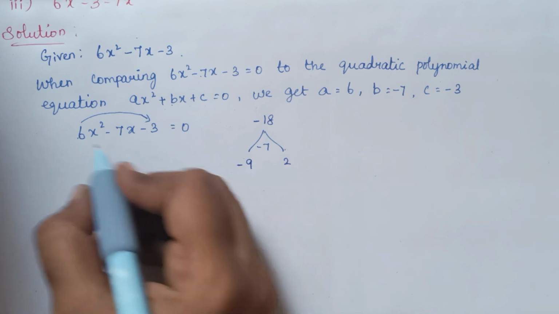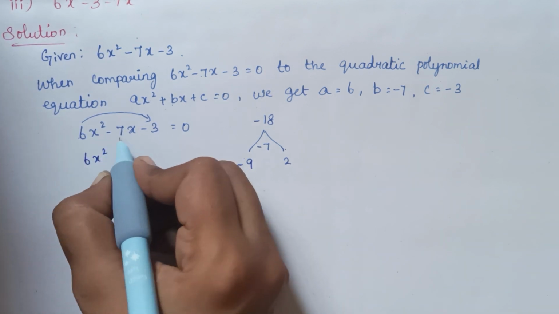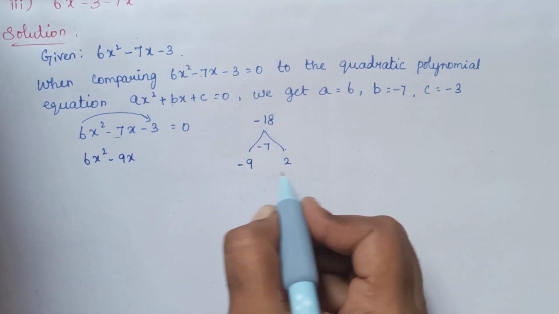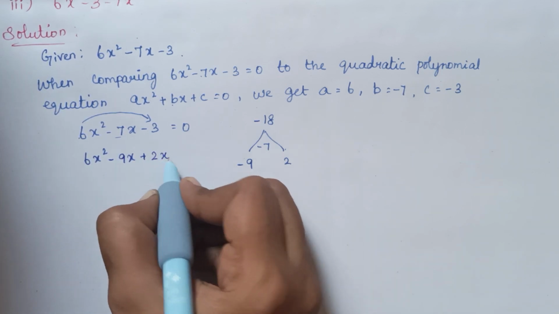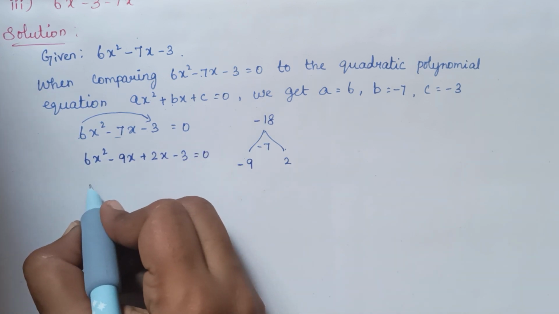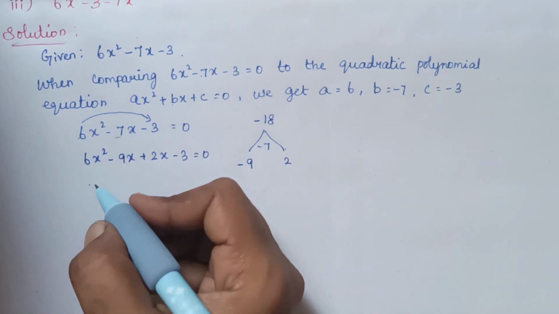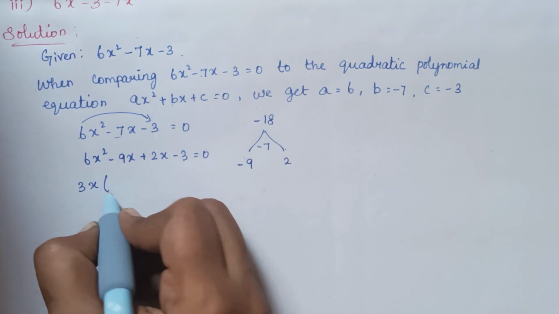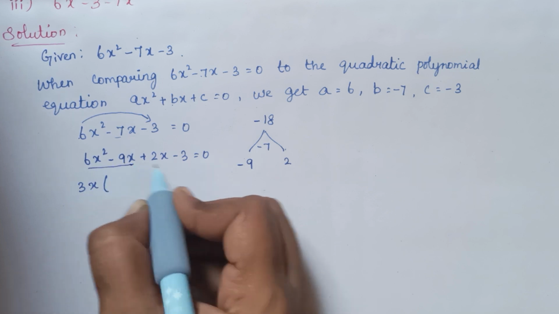Okay. Now 6x square. Instead of this minus 7x, we can write minus 9x plus 2x minus 3 is equal to 0. So now we just rearrange that, take 3x as a common. Okay. So here 3x as a common from the first two terms.